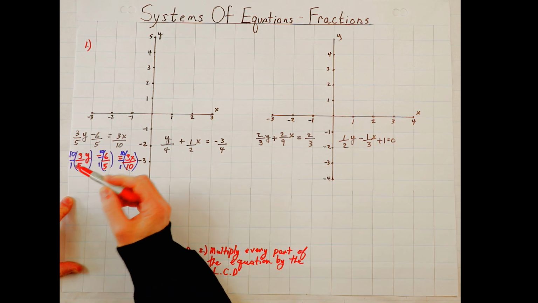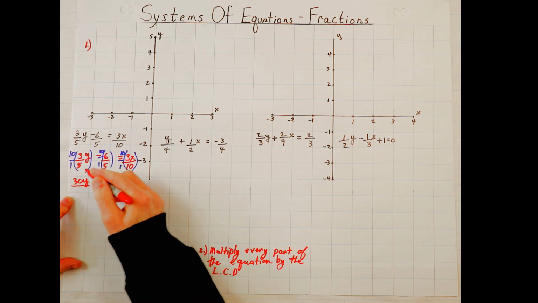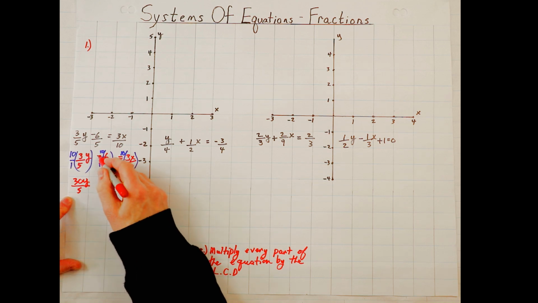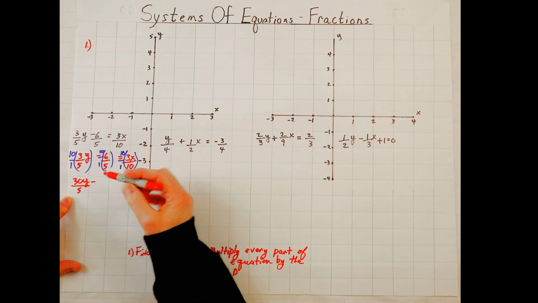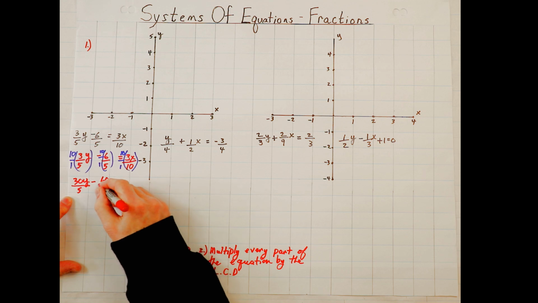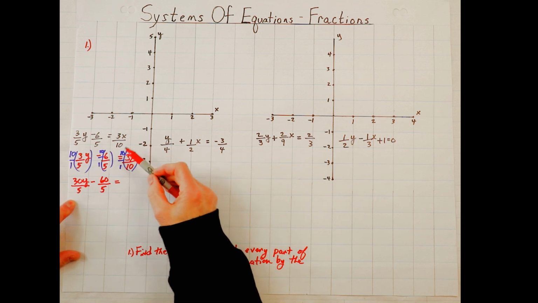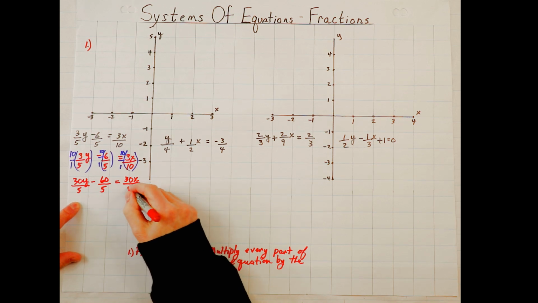So 10 times 3y is 30y on the top. 1 times 5 on the bottom is 5. Now don't forget that red negative sign in there. 10 times 6 is 60. And on the bottom, 1 times 5 is 5. Equals 10 times 3x is 30x, and 1 times 10 is 10.